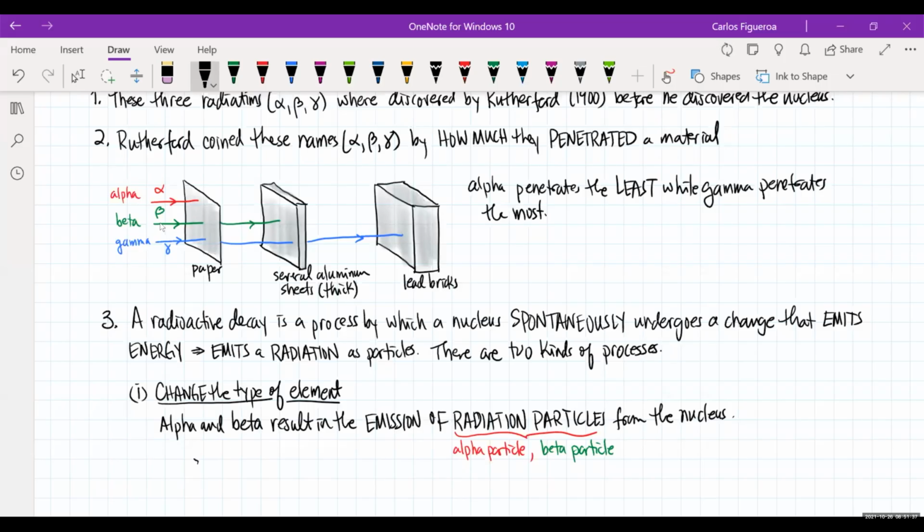So it literally changes the atomic number. And remember, the atomic number is the number of protons, which then means that you change the identity of the atom.